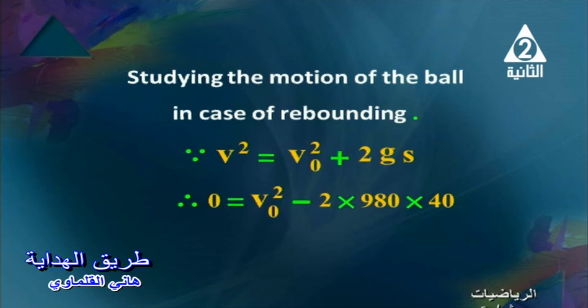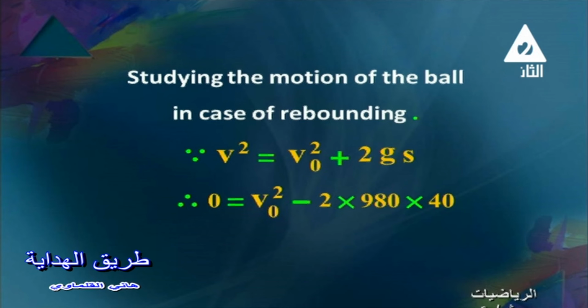And the initial velocity, or the velocity of the rebound v naught, is unknown. Minus 2 times 980 centimeter per second squared. Negative because the motion in this case is upward.